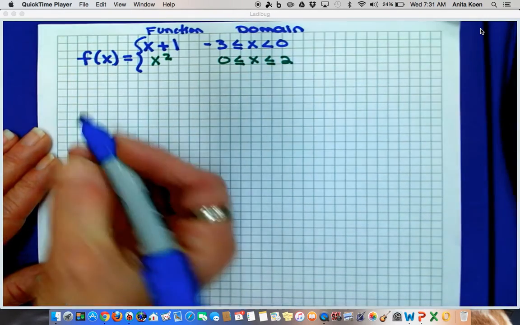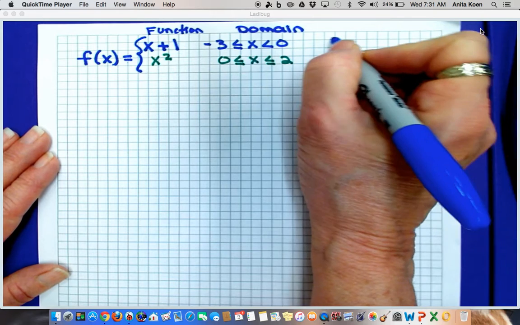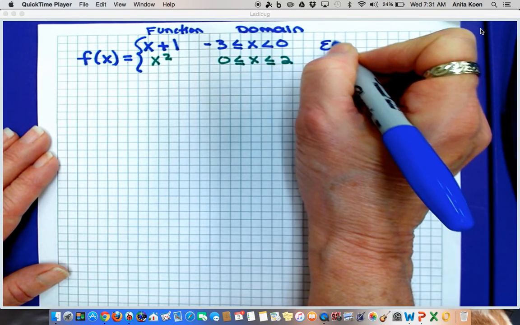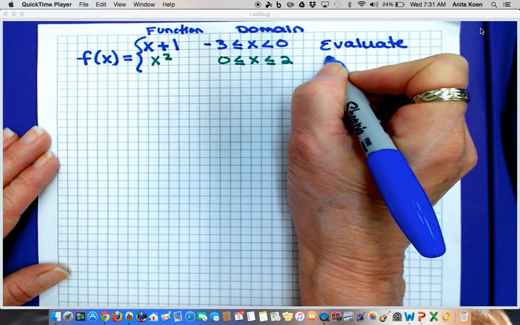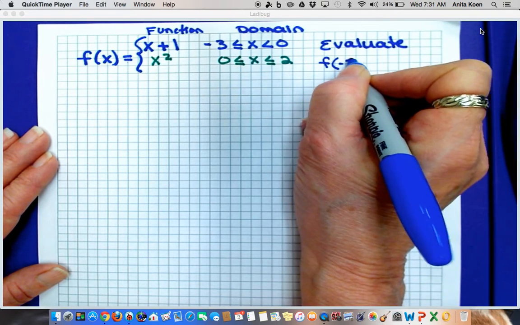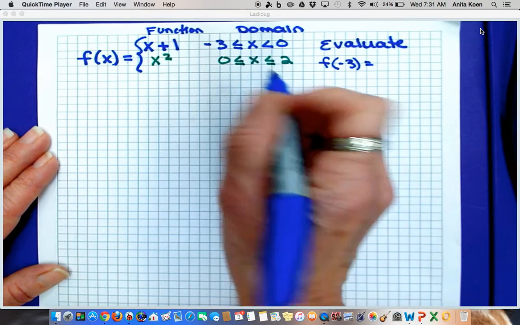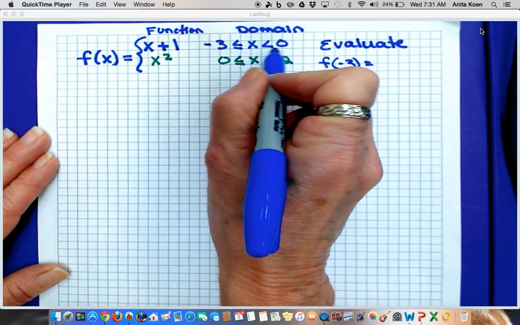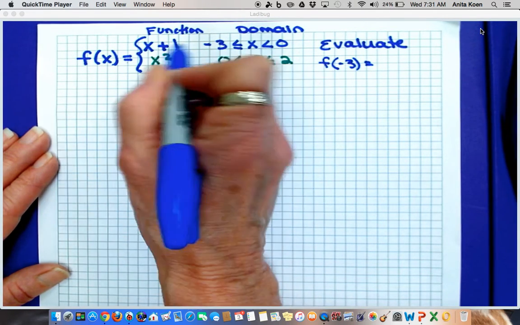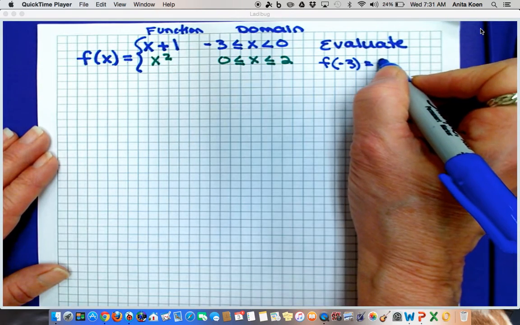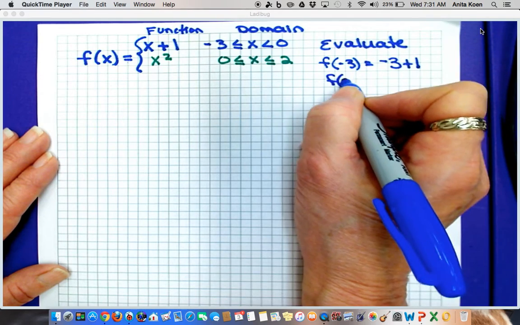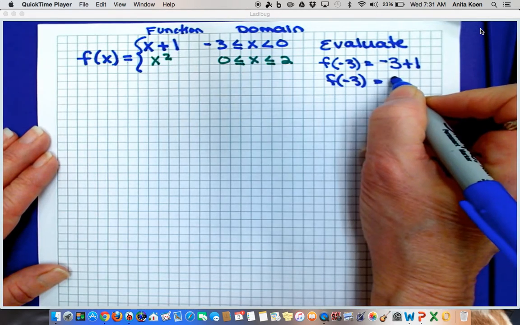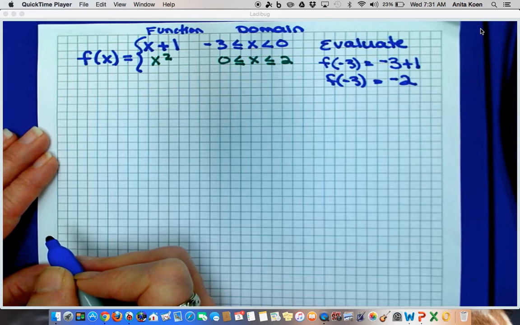So if we wanted to evaluate f of -3, we would take the -3, because it's in this piece of the domain, and put it into the x plus 1. So -3 plus 1. And that would tell us that f of -3 is equal to -2.